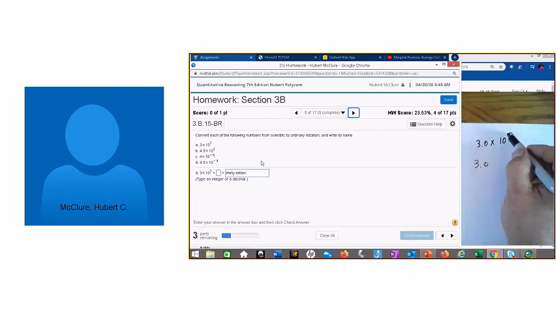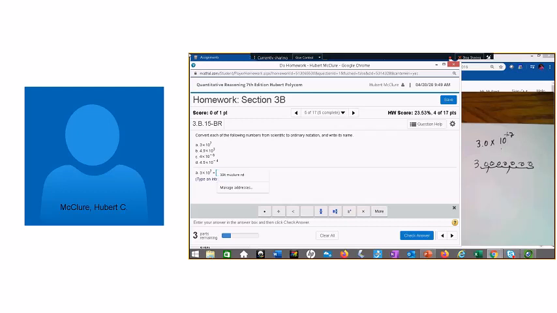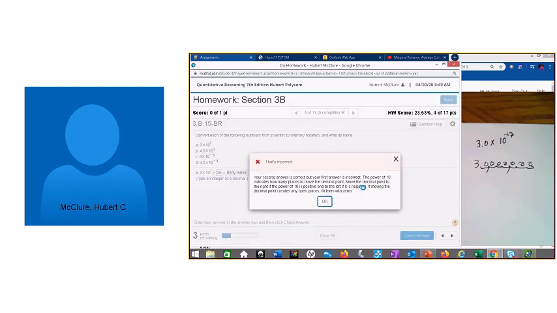So I got to move this decimal 7 places, and since there's nothing in front of it, that's a plus. 1, 2, 3, 4, 5, 6, 7. 1, 2, 3. 1, 2, 3. Dang, old 30 million. So you type in 30 million and check to see if that's the answer, and that's how you do those.